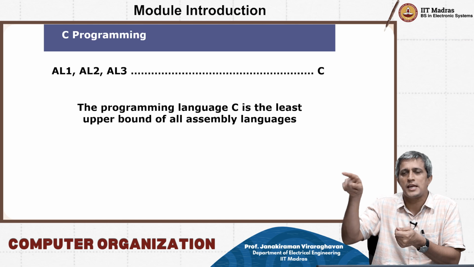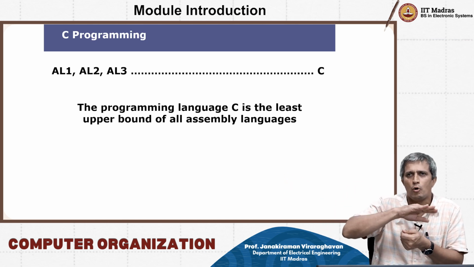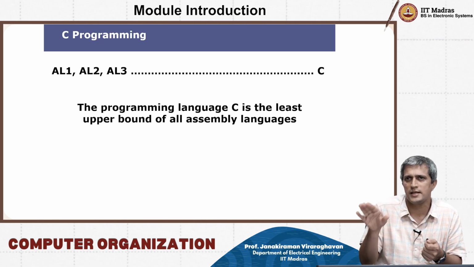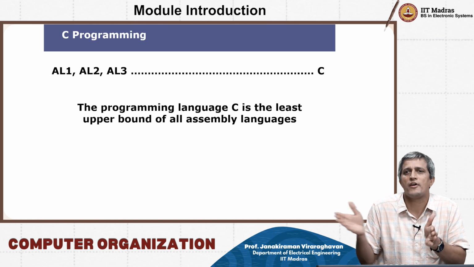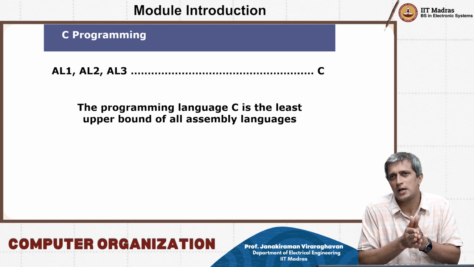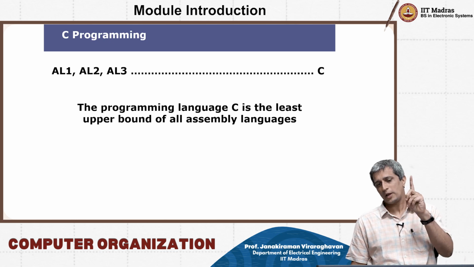To the right of C, you will have C++, Java, Python and all that. You can do more sophisticated things for programming, but they get further and further away from your assembly language and hardware, and that's the reason I am picking C in this particular course for my high level language.